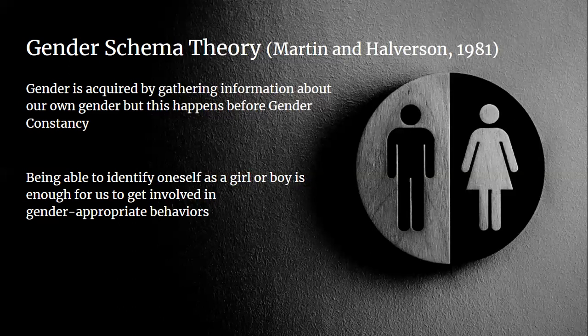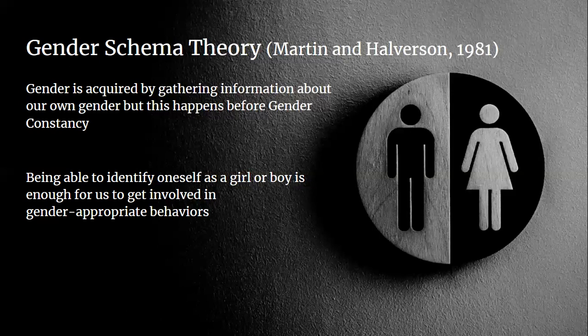So gender constancy defies that perspective, that when your kid is acting opposite of whatever their sex or gender is, they will become part of the LGBT when they grow up. No, it's not like that. Gender constancy says that's not true, because by that time children are still developing their gender labels.